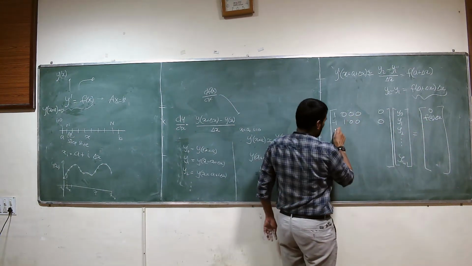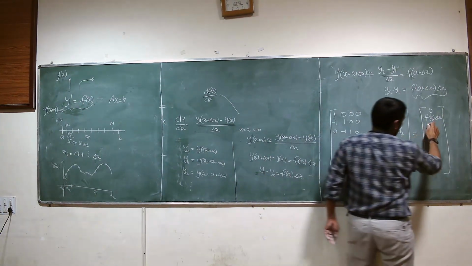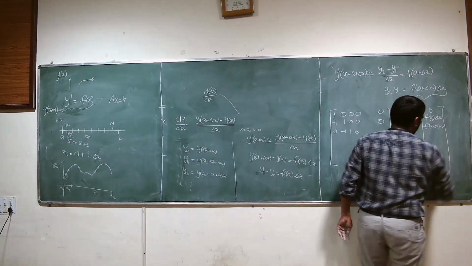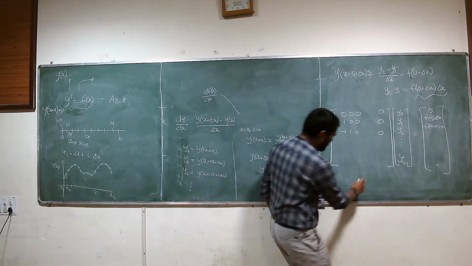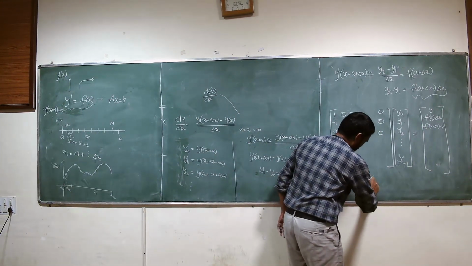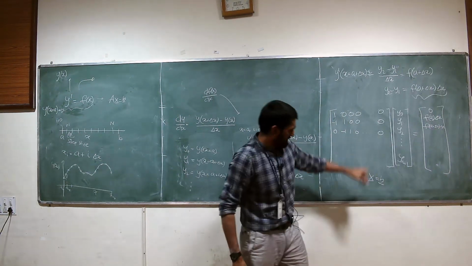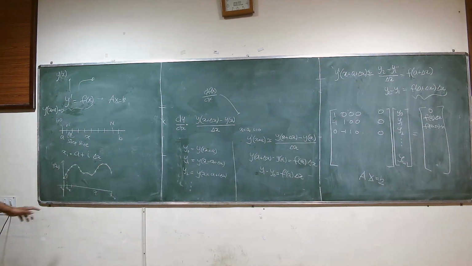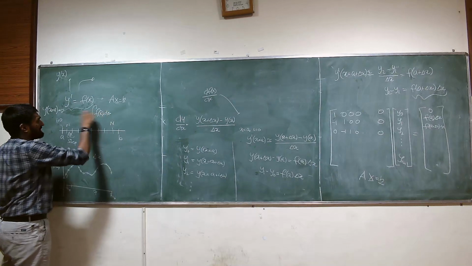Minus 1, 1, 0, 0, and this will be equal to f of a plus delta x. You simply write it down. If you simply solve this, you've essentially done integration. You've essentially done the integral of f(x) dx to get y.